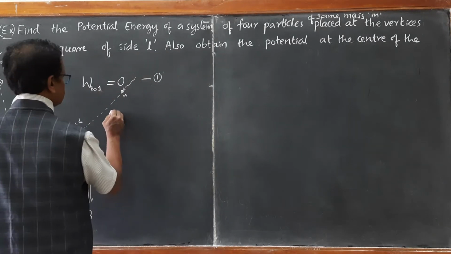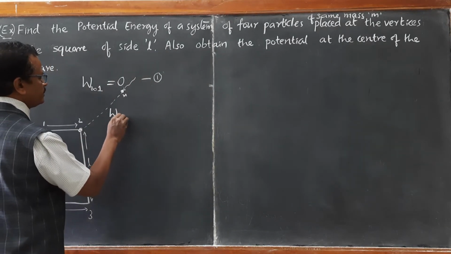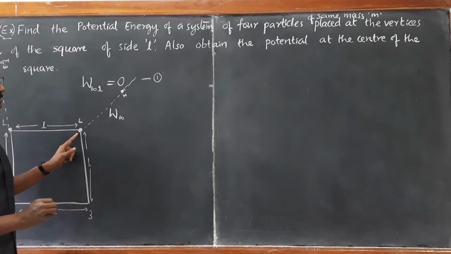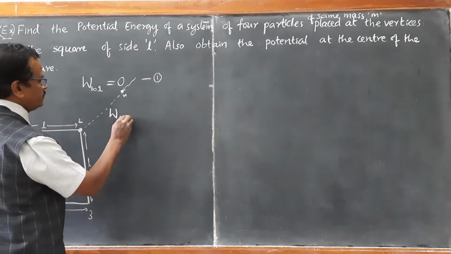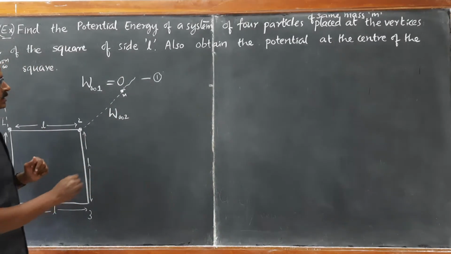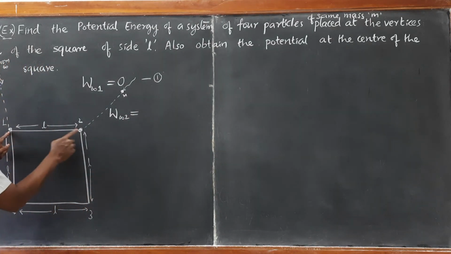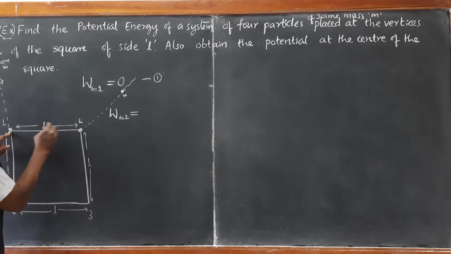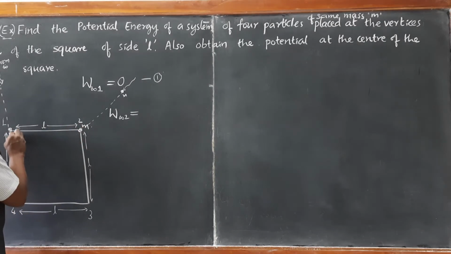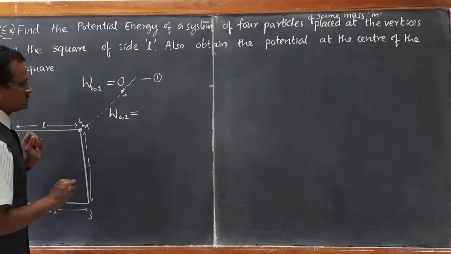So, I will write it as work done in bringing the second point mass from infinity to the position 2. It is no more 0 here because there exists a gravitational force between this mass and this mass at a distance L between them.